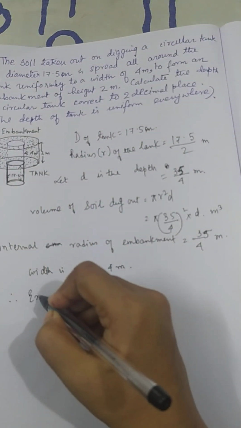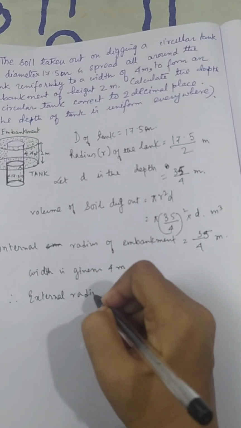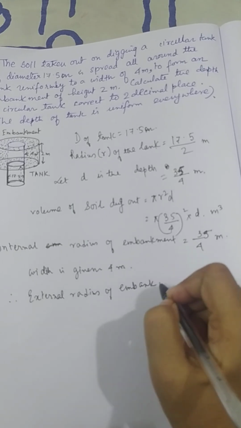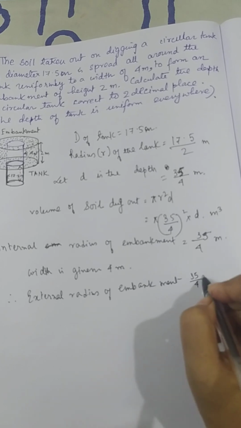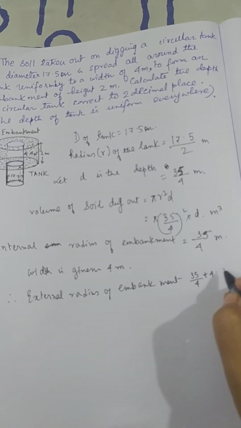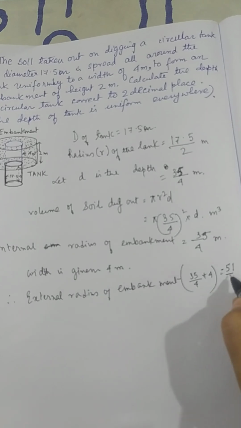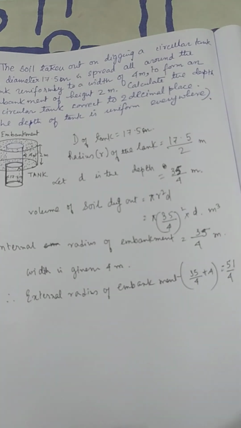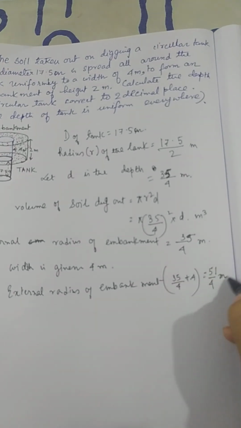So the external radius of embankment will be 35 by 4 plus 4, that is 51 by 4, because 4 into 4 is 16, 16 plus 35, that is 51 by 4 meter.